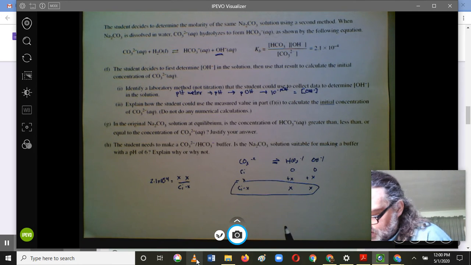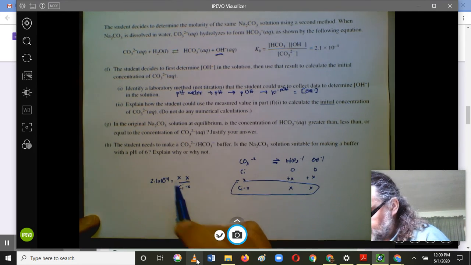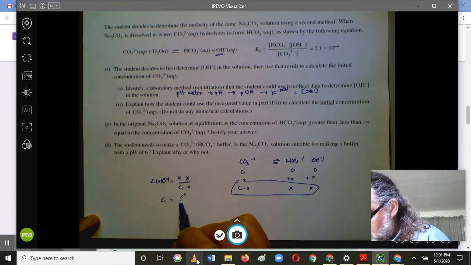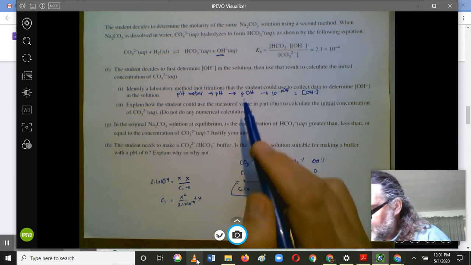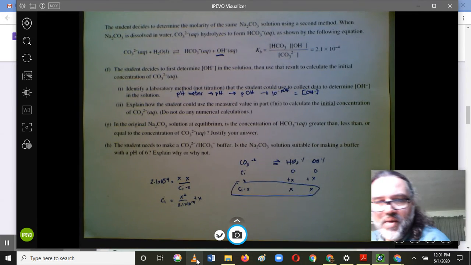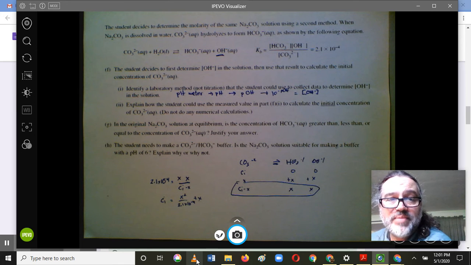And we would be able to solve for Ci here. The Ci would equal basically x squared over 2.1 times 10 to the negative 4th, plus x. And we know the value of x if we had that meter, so we could find it that way. Kind of complex. You probably would only get 2 points on that problem. I can certainly see you not wanting to do that problem or coming back to it.